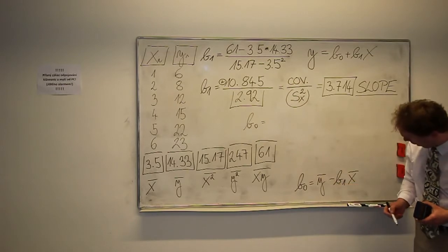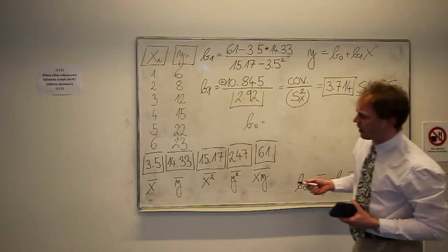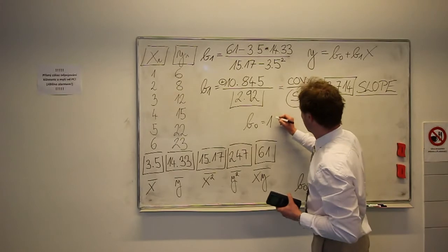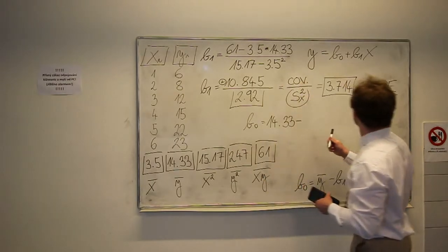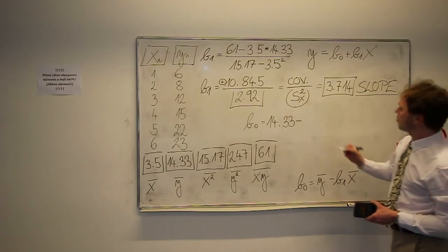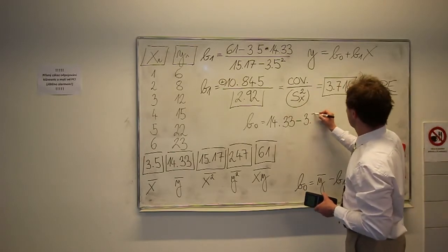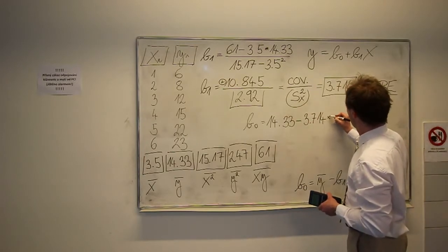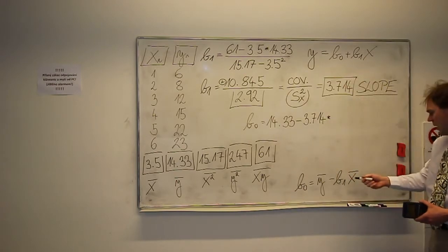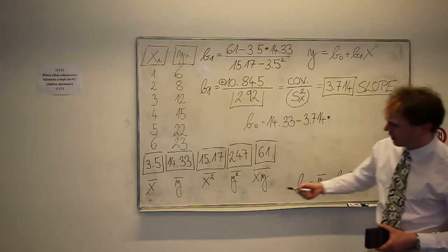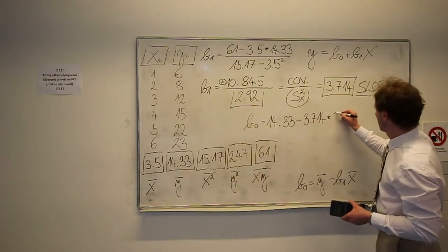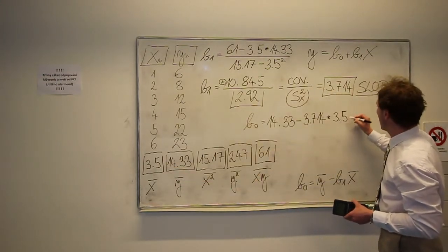According to this formula, we can select this data: 14.33 minus this slope 3.714 times x, yes, variable x mean, 3.5.